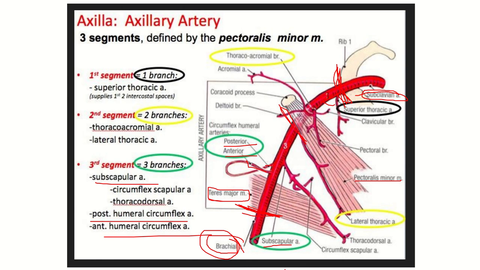So it is now clear that the axillary artery has 3 segments, and from the first segment 1 artery, second segment 2 arteries, third segment 3 arteries. So it is very easy to remember. From the first segment, this is the superior thoracic artery; from the second segment 2 branches, thoracoacromial and lateral thoracic artery; and from the third segment 3 branches, subscapular, posterior circumflex humeral, and anterior circumflex humeral artery.